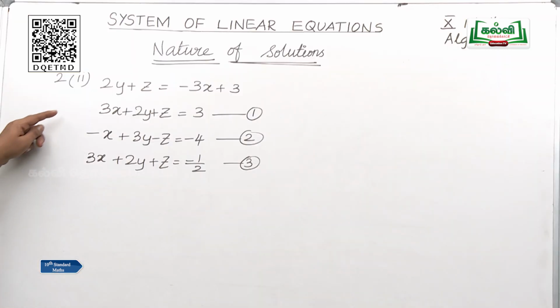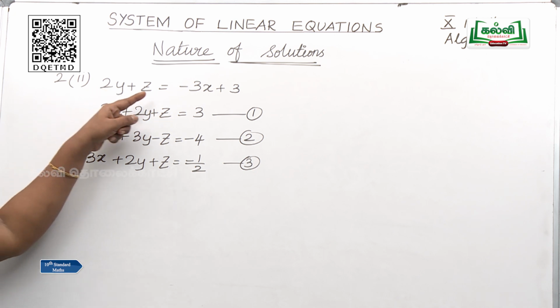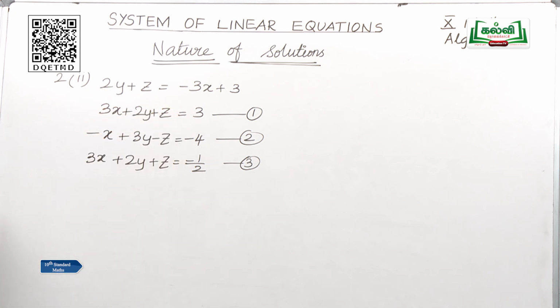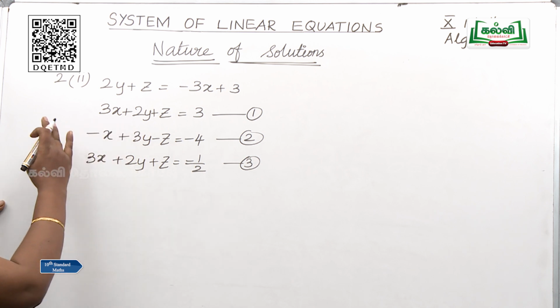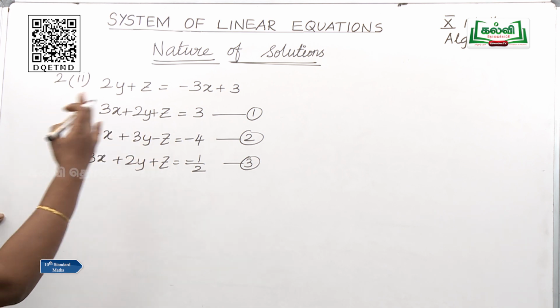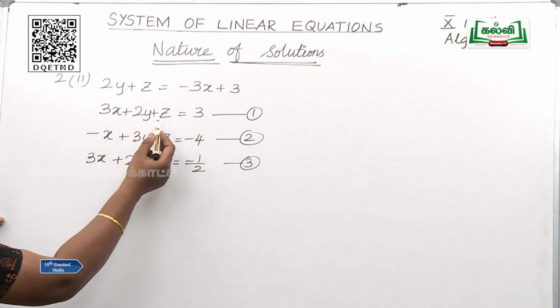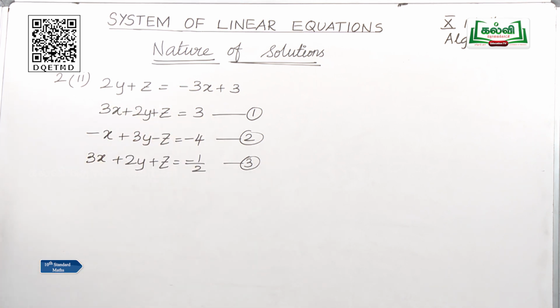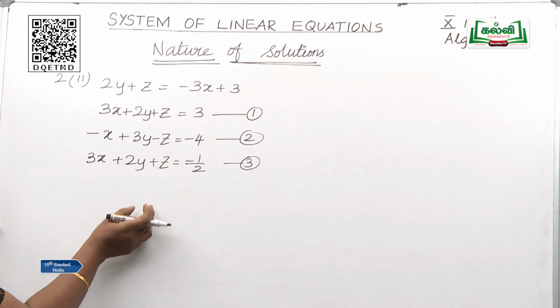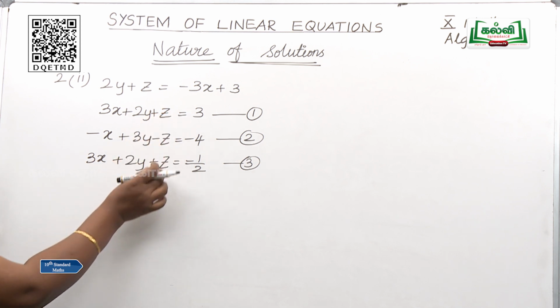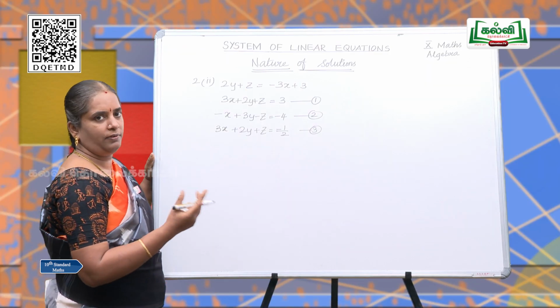See these 3 equations, 2y plus z is equal to minus 3x plus 3. I have changed this to have x, y and z on one side and the constant on the other side. So, 3x plus 2y plus z is equal to 3 is the first equation, and the next 2 equations are named as second and third. Now, let us eliminate z because it has 1 or minus 1 as its coefficient.